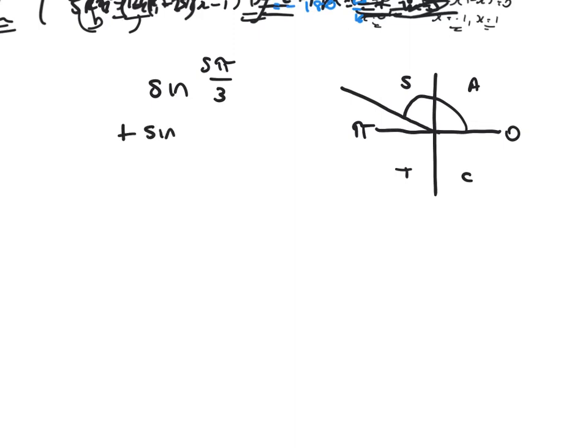That means it's going to be a positive result because sine is going to be positive in there. The acute angle in there is 30 degrees, that's pi over 6. Sine pi over 6, sine 30 is equal to 1/2.